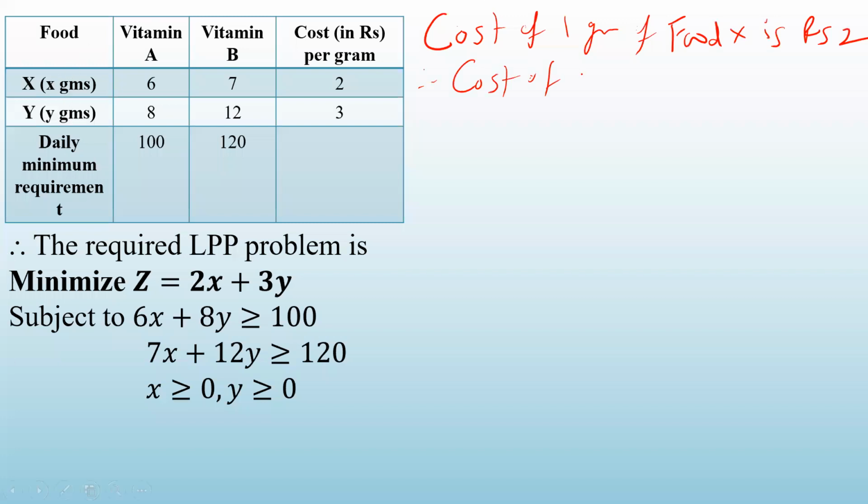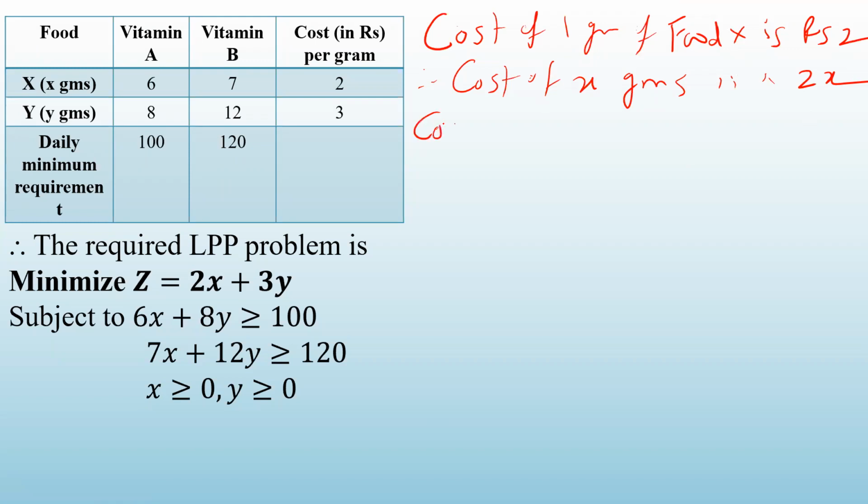X grams. The cost of X grams of food X will be 2 into X. 1 gram costs ₹2. If I ask you the cost of 2 grams, it will be 2 into 2, for 3 grams 2 into 3. Like that, the cost of X grams of food X will be 2X.